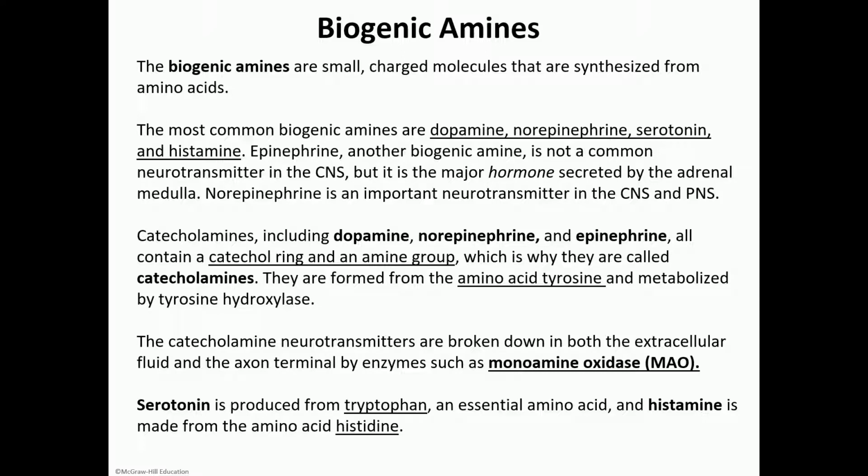We can break down these catecholamines by an enzyme known as MAO, or monoamine oxidase. Depression is a very important and prevalent disease, and there are different reasons for depression. They're all related to a lot of these neurotransmitters that we'll be talking about. In some patients, their depression is due to a decrease in the levels of dopamine or norepinephrine.